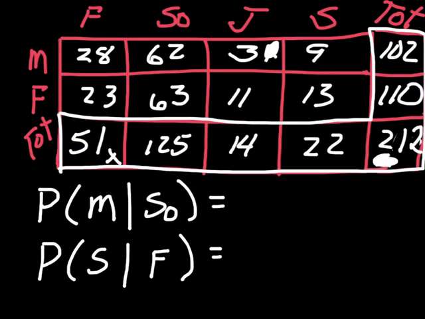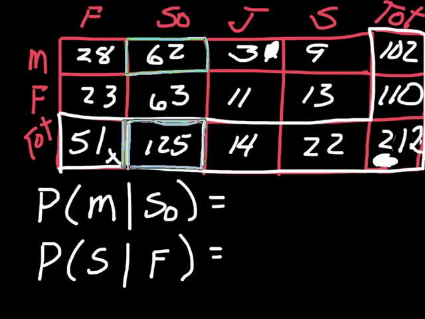So to do the first problem, I want the probability of a male given that he's a sophomore. So here's all my males. I got 28, 62, 3, and 9 males in different classes. And the one I choose is the males given that he's a sophomore.